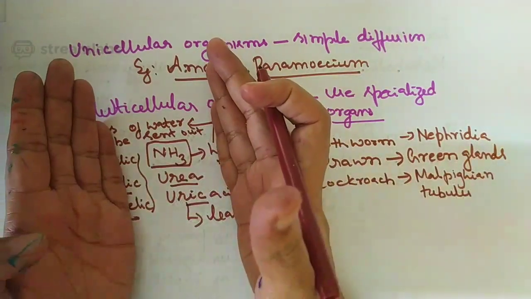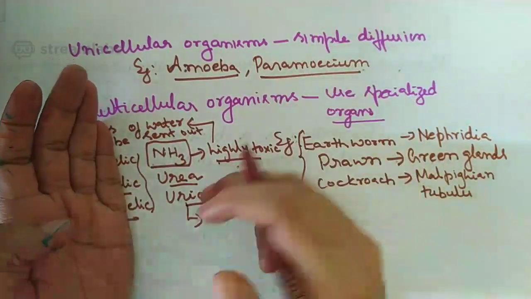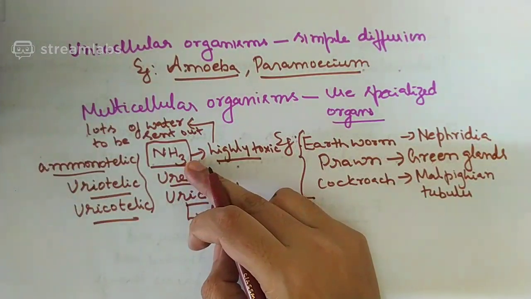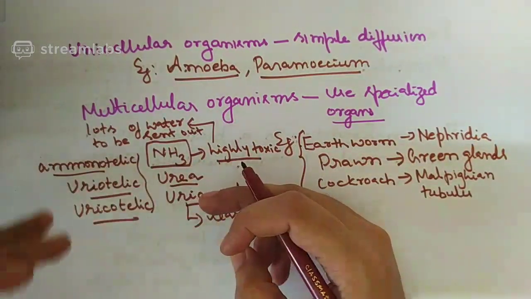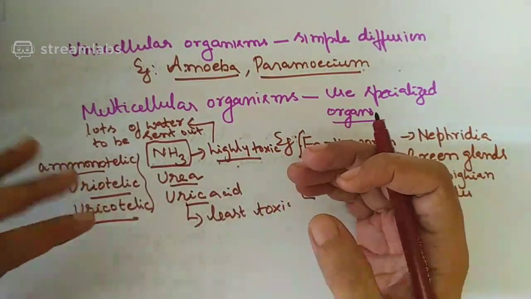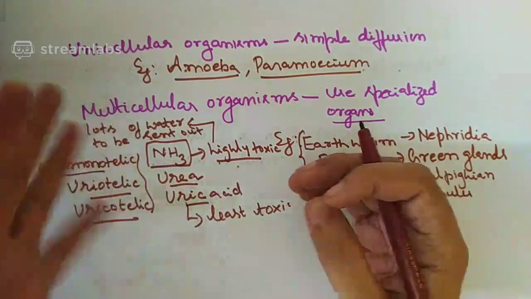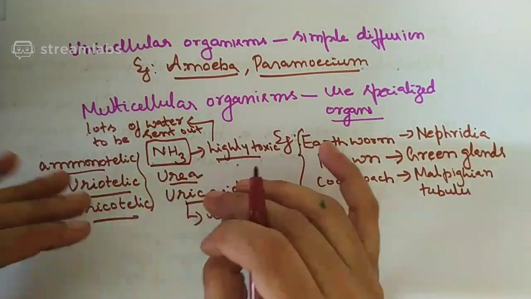The nitrogenous wastes are of different types, excreted by different organisms. Few excrete ammonia, for example bony fishes which live in water. As they live in water, they can send out this highly toxic ammonia with the help of water, so lots of water is required.